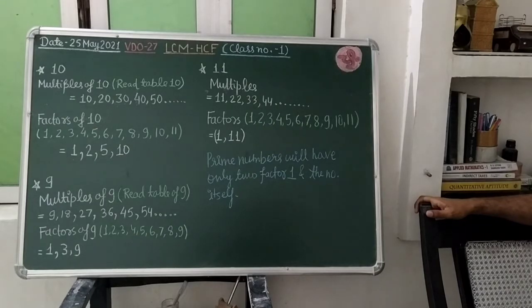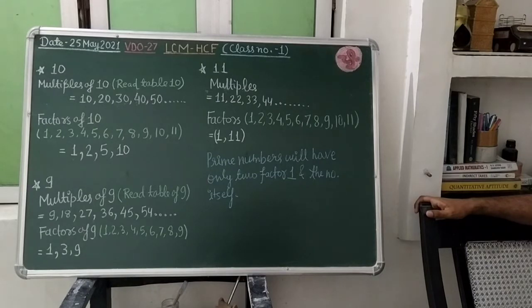So students, when we talk about the factors of any prime number, factors of any prime number will be 1 and itself only, as a prime number is divisible by 1 and itself only, and factors of any number are those numbers which divide the given number.